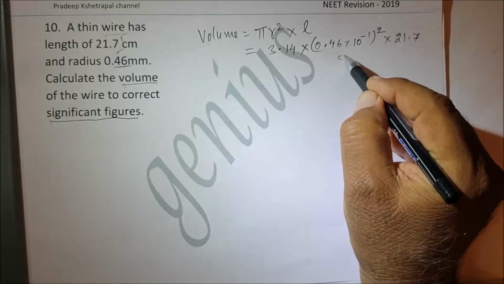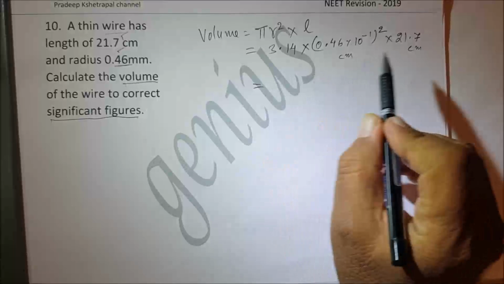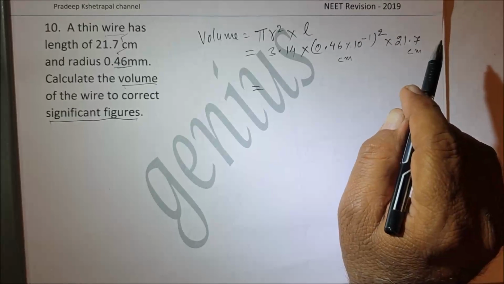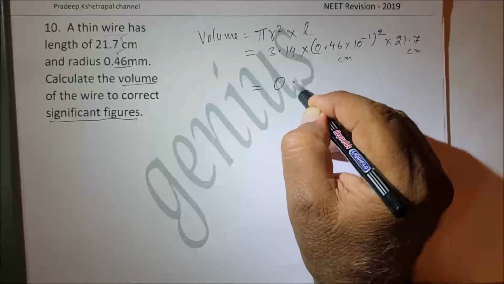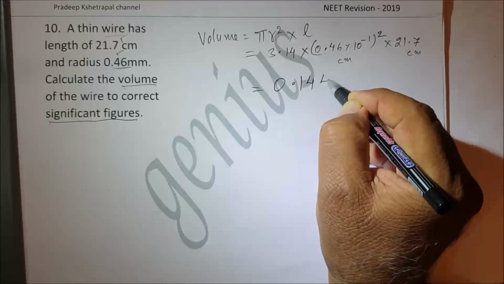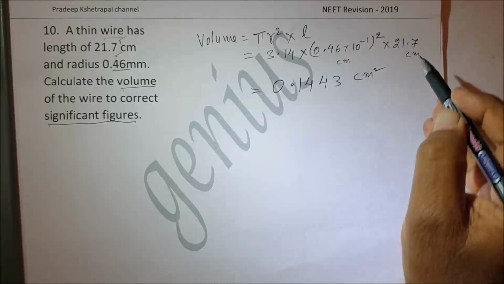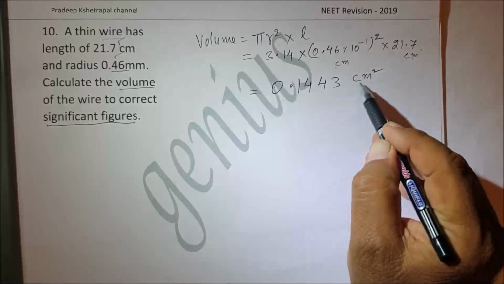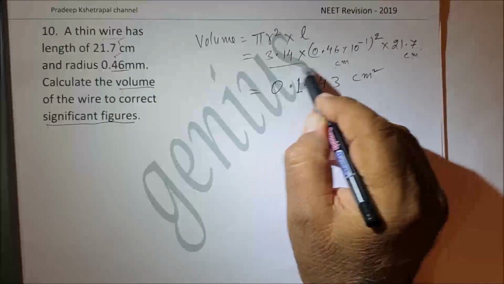Now this is centimeter, this is also centimeter, so we get the answer in centimeter. We do a little calculation of it, and it comes out to be 0.1443. This is our result of this whole multiplication.